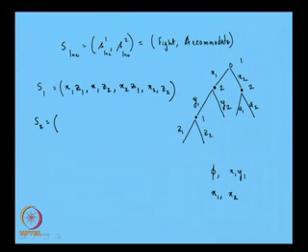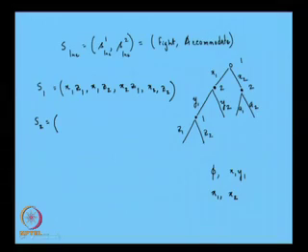So, here also in each particular strategy of player 2, there must be two components. One should specify what the action of player 2 will be if the history is x1, and the second component will tell us what is the action of player 2 if the history is not x1 but x2.